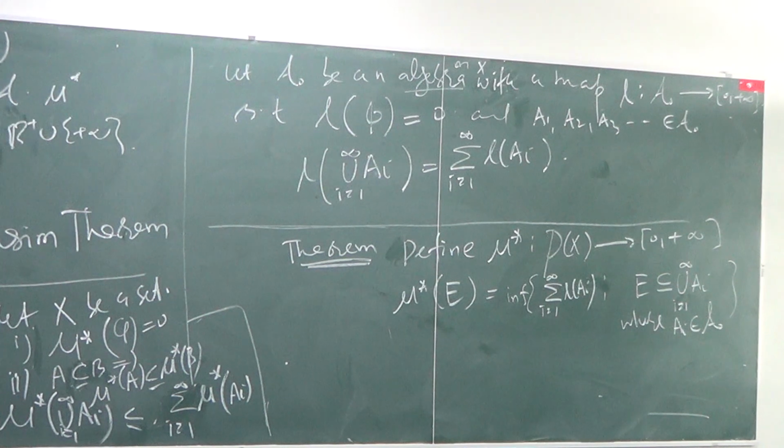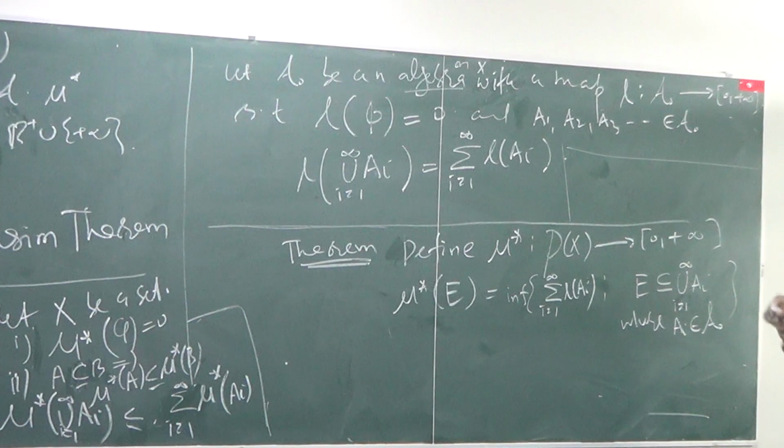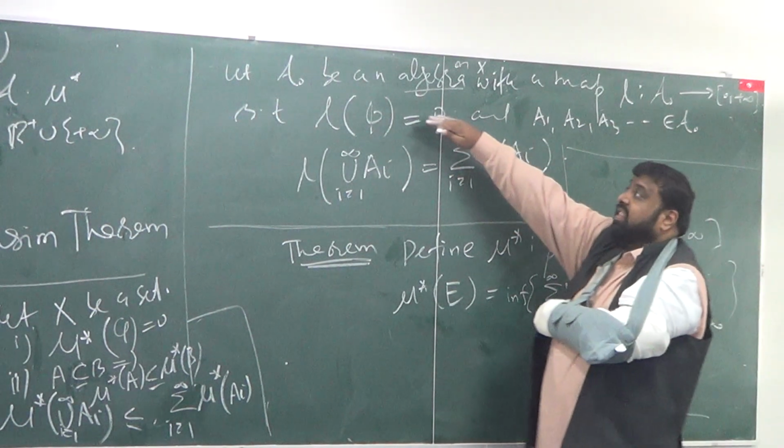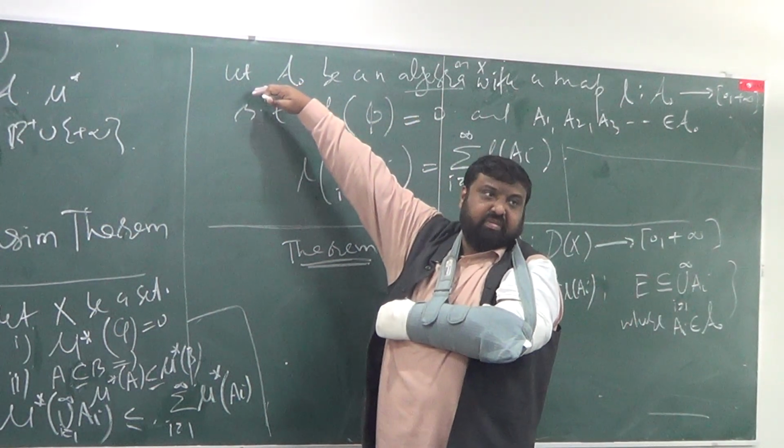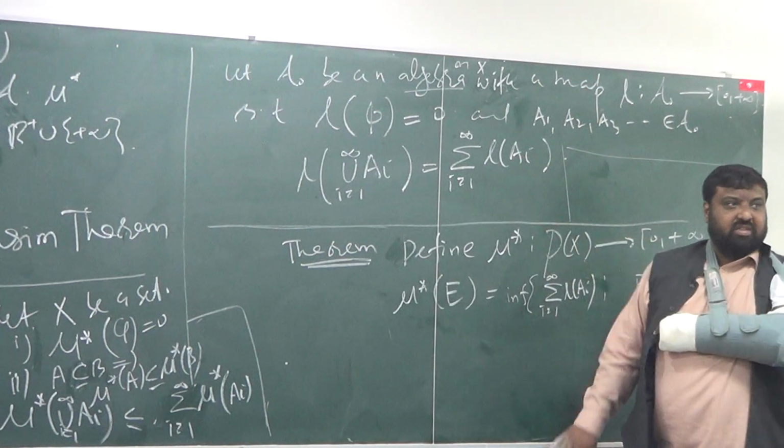But with that identity, how would the left hand side and right hand side be equal? No. This is my definition, and I have a right to define things the way I want. I have an abstract algebra and a map L with these two properties.